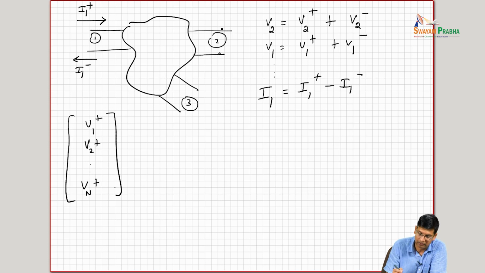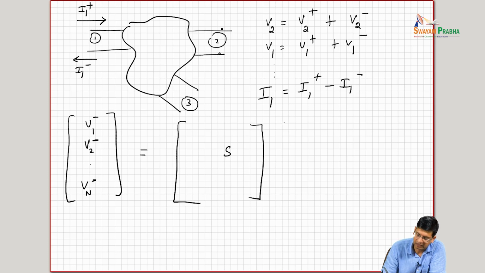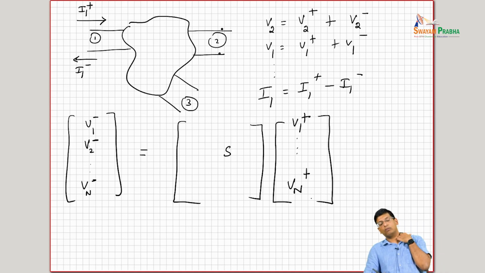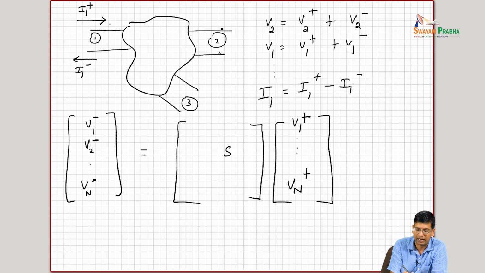And I should just take this over again, since I'm defining the S minus on this side, right? And I have this parameter which is V1 plus, so on and so forth till Vn plus, okay? So I am basically thinking of the voltage at any node being the sum of a forward voltage wave and a backward voltage wave.